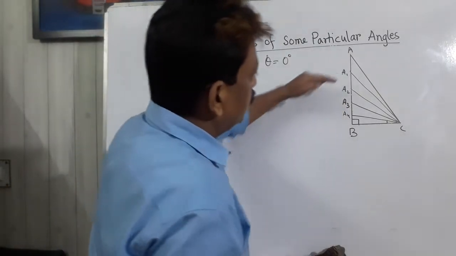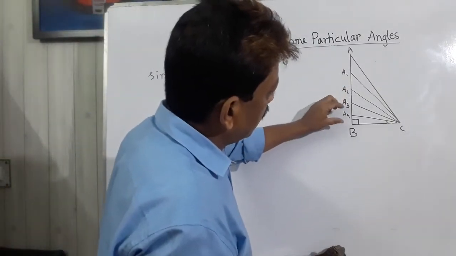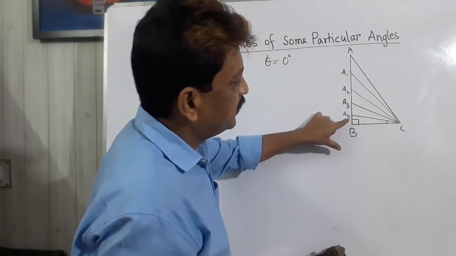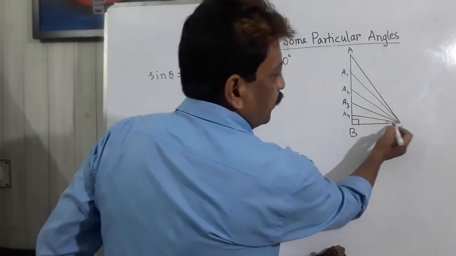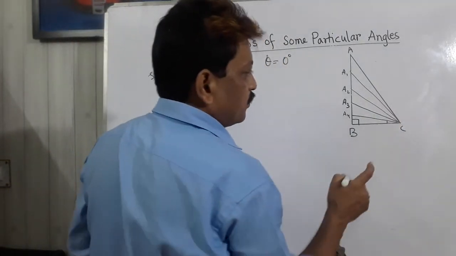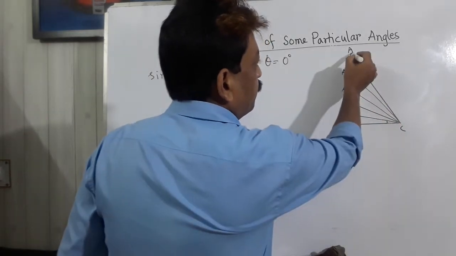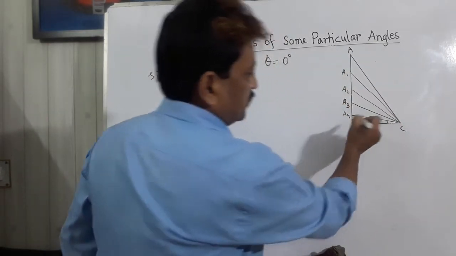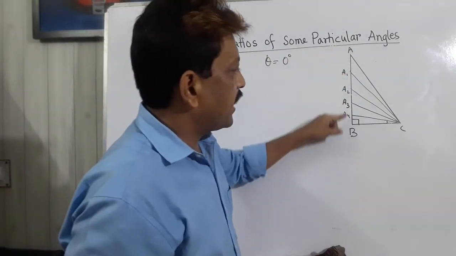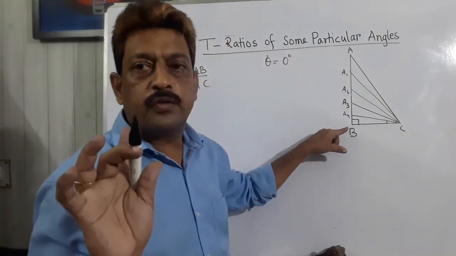If we go on reducing the height of the triangle, a time will come when theta will become 0, and the point A will just touch the point B. In other words, the height of the triangle will become 0.